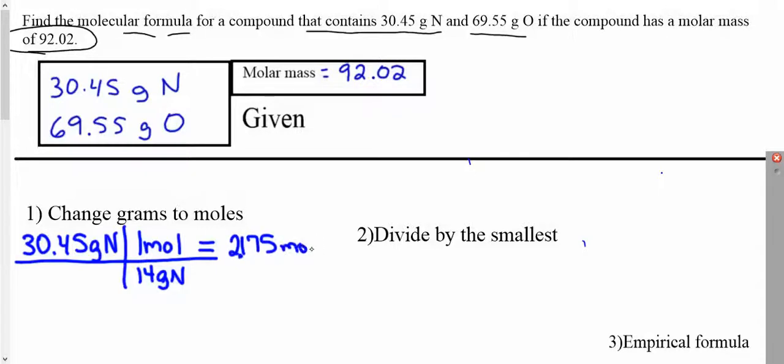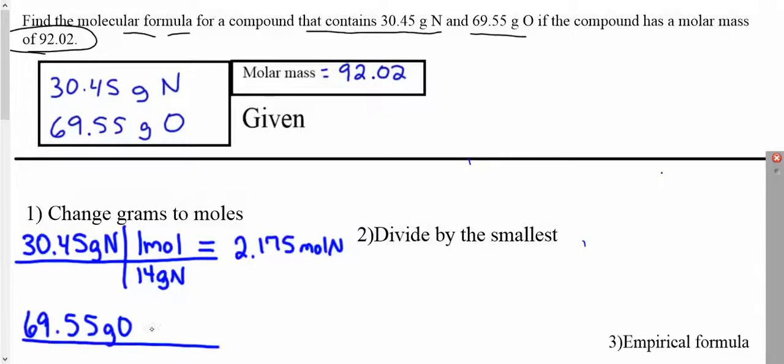Moles of N. Let's fix that. 2.175 moles of N. Do the same thing with the 69.55 grams of oxygen. 16 grams of oxygen in 1 mole. When you divide that, you get 4.346 moles of oxygen.